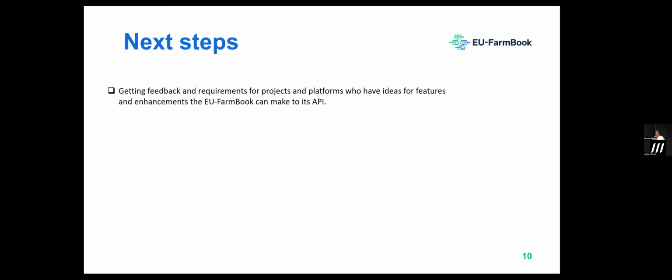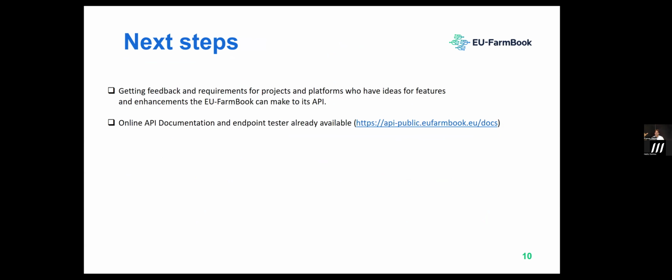The next step is, we would like to know how you found this process, this procedure, and how we can improve it so that in the future we can make it easier and more handy for you, if you find this difficult.